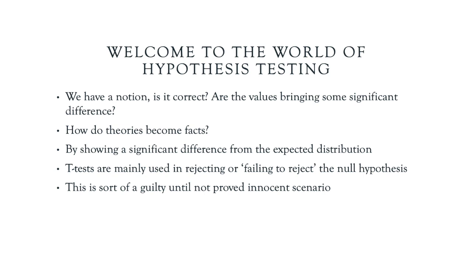And sometimes we fail to reject the null hypothesis. So this is like being accused, and we reject the claims made by the prosecutor that you've done something wrong. And if you fail to do that, you're guilty anyway. So this is more like a guilty until proven innocent approach.